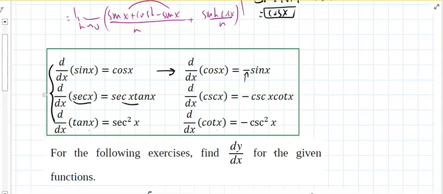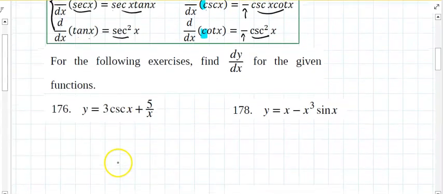If the derivative of secant is secant tangent, the derivative of cosecant is cosecant cotangent with a minus, and the derivative of tangent is secant squared, so the derivative of cotangent is cosecant squared with a negative. So the derivatives of all the cofunctions, the functions with the c, are all negative. So memorize the first three and you can derive the other three.